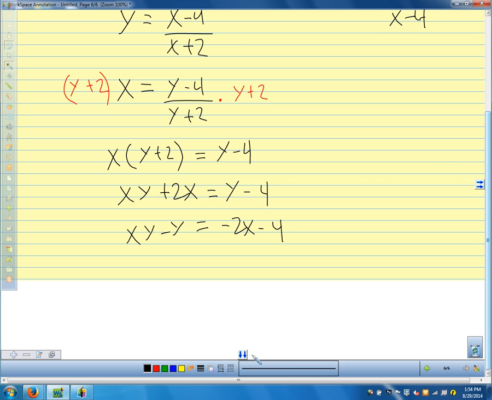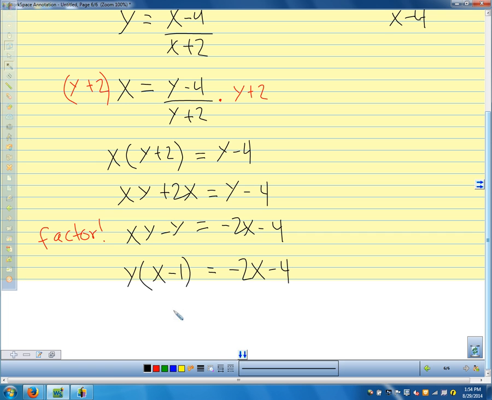Here's where most people get stuck. What can I do here? I want to get y by itself. I have a y in each term here. Factor out a y. Very nice. I'm going to factor: y times x minus 1 equals negative 2x minus 4. Now I'm home free.